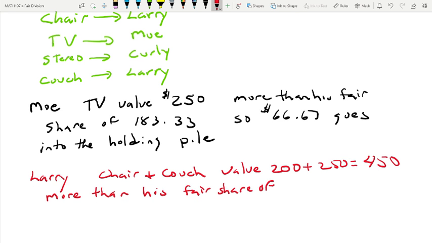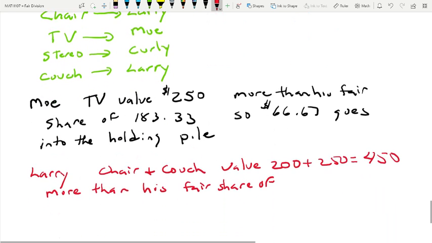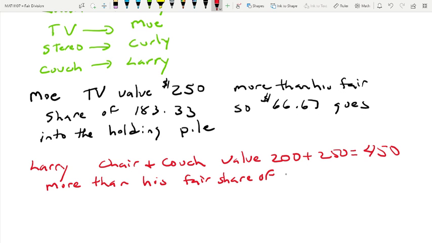According to him, his fair share was $233.33. So he has to pay the difference into the pot. He puts in $216.67 into the holding pile.